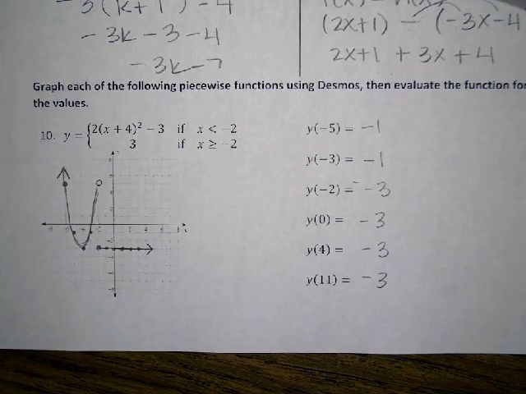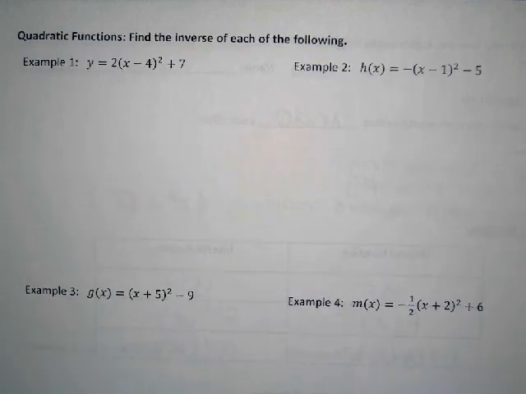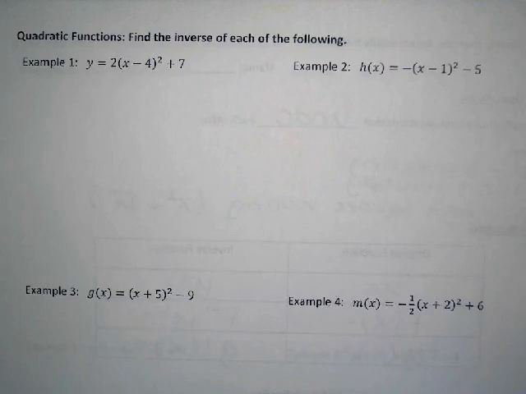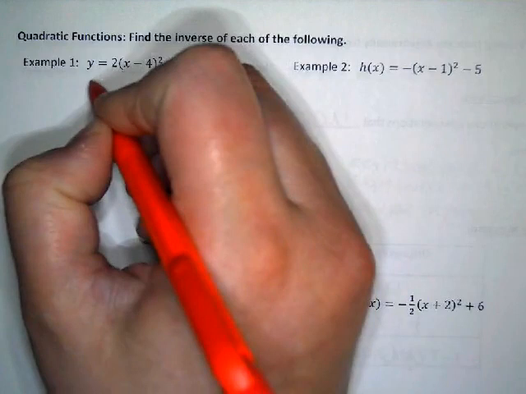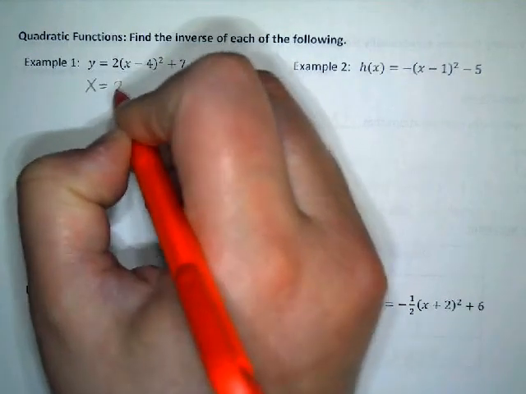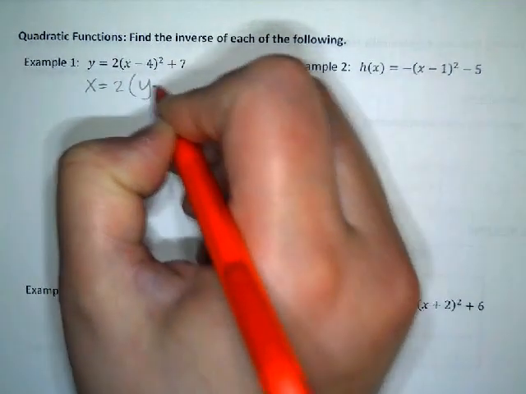And then we're also going to look at cubic equations because they work basically the same. So from yesterday, do you guys remember the very first step that you would do? If you wanted to find an inverse, what was the very first thing we would do? Trade the x and the y. So that's the very first thing we're going to do today as well. So x equals 2, y minus 4 squared plus 7.